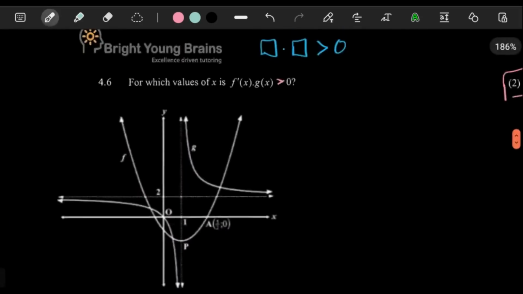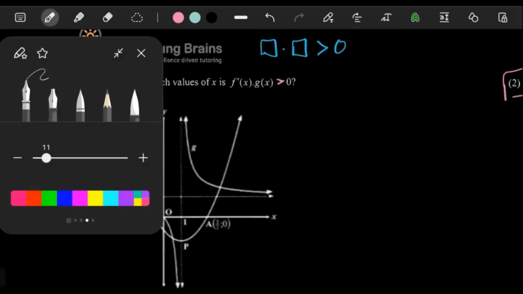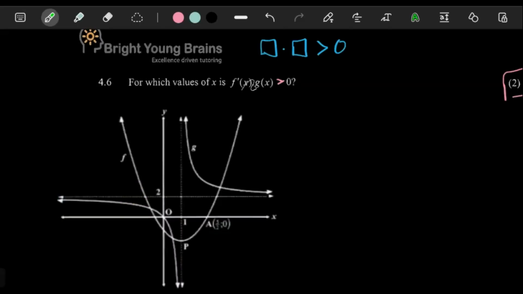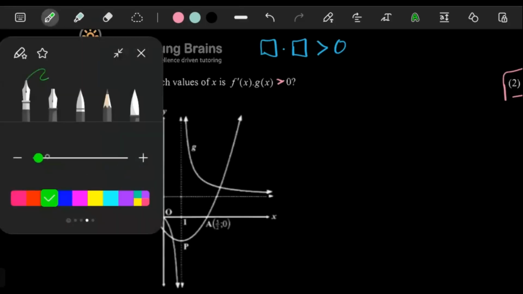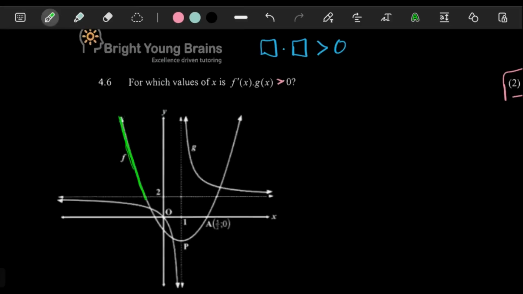So before you can answer these questions, let's just go through it. F is our parabola. If you're going to think of the gradients of our parabola, what you need to remember is that going downwards here all the way until the turning point, all these gradients are negative gradients.